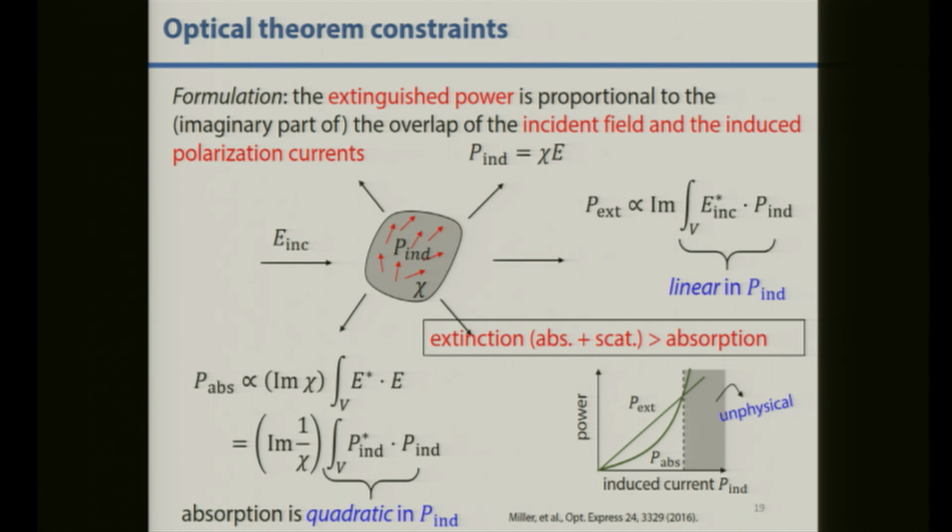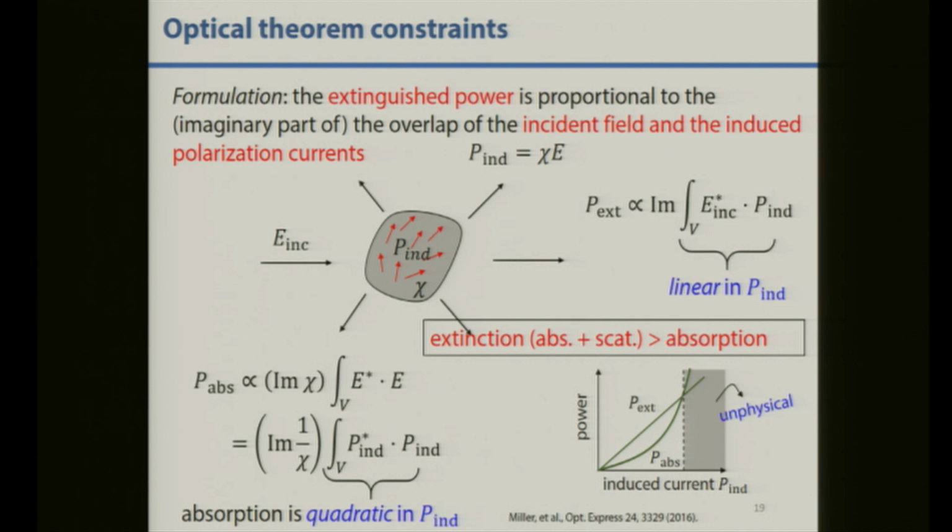By comparing these two formulas, you can find that the extinction is linear in the induced polarization, but the absorption is quadratic in the induced polarization. But we also know that you cannot have negative scattering, meaning that extinction must be larger than absorption.